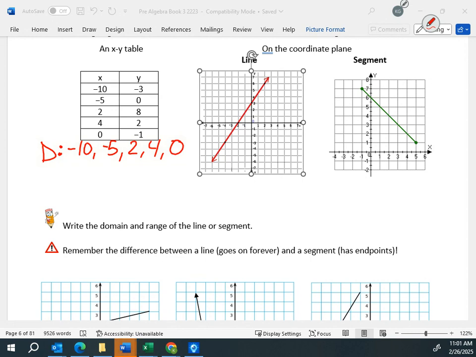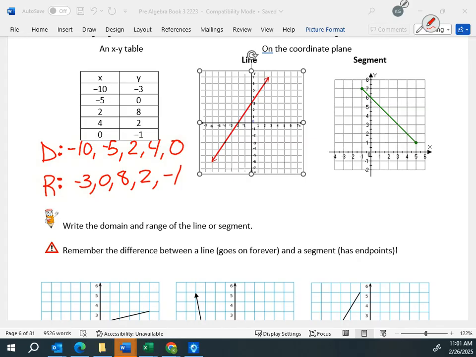So for my range, it tells us our specific y's. What is the range of this function table? Christina. -3, 0, 8, 2, and -1.